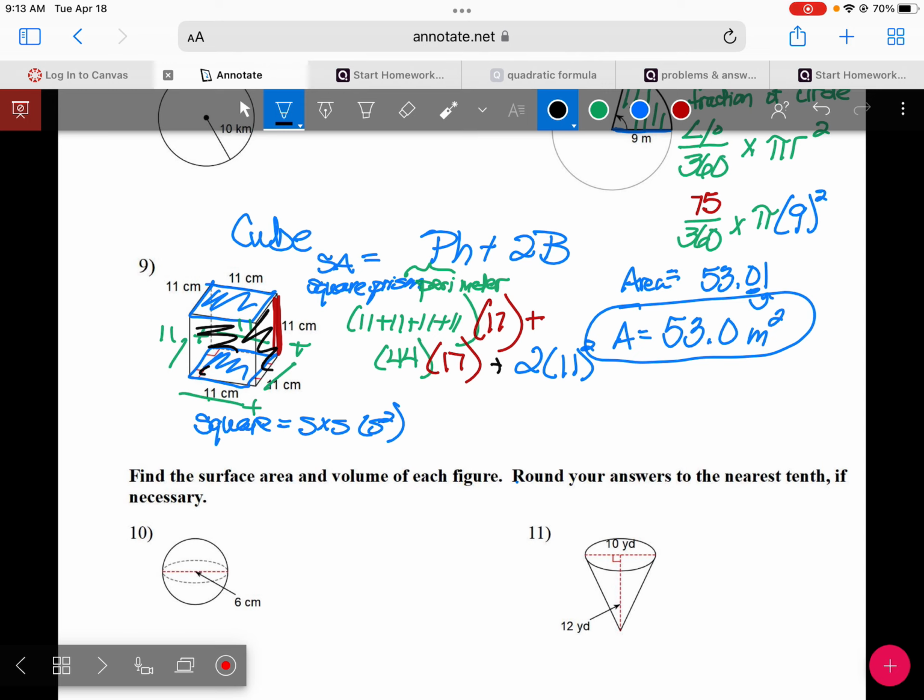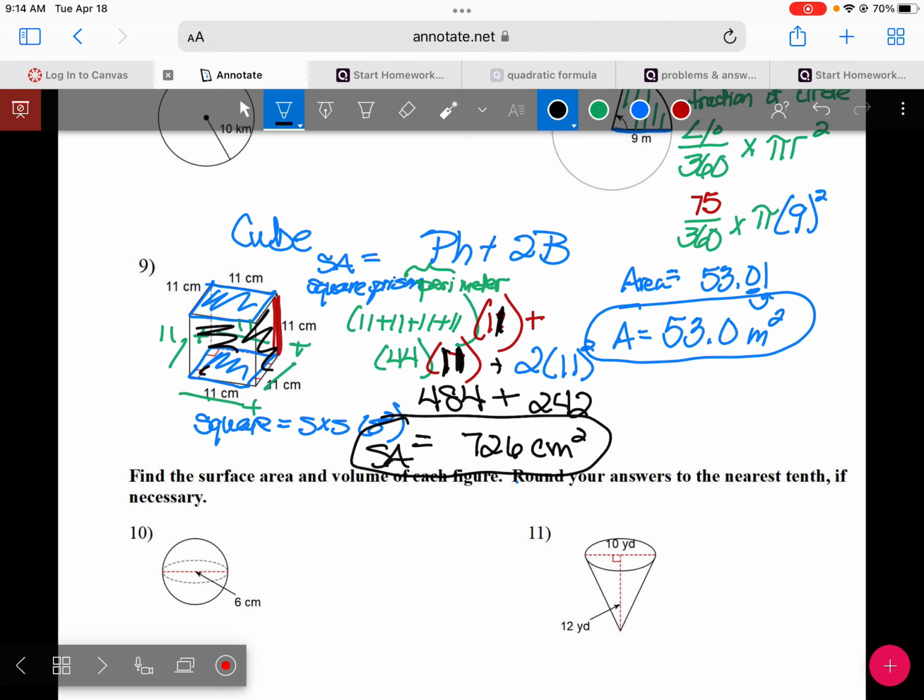So this is going to be, oh, that's 11. I can't even read my own writing. 44 times 11 is 484. Plus 2 times 121 is 242. Gives me a surface area of 726 centimeters squared. That is surface area.